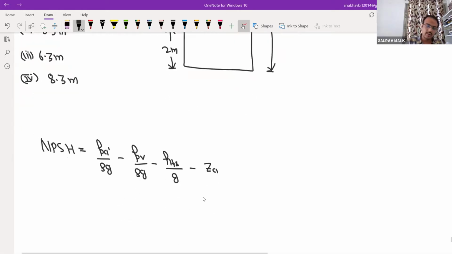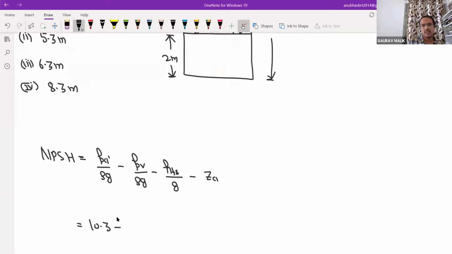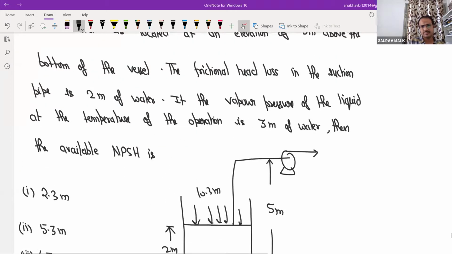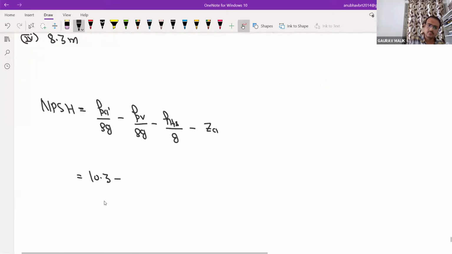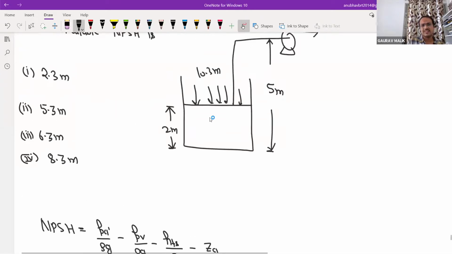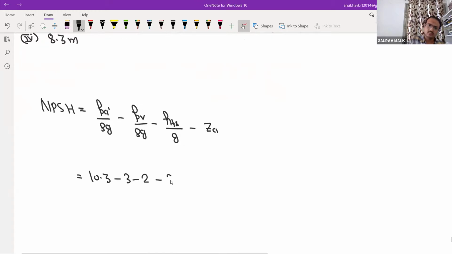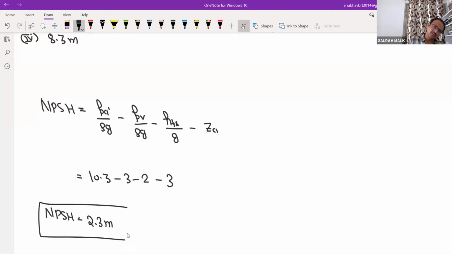According to the question, this is given as 10.3. The vapor pressure one is 3. This is minus 2. And ZA is 5 minus 2, that is 3. So the value of NPSH is 2.3 meter. Easy question if you know the formula.